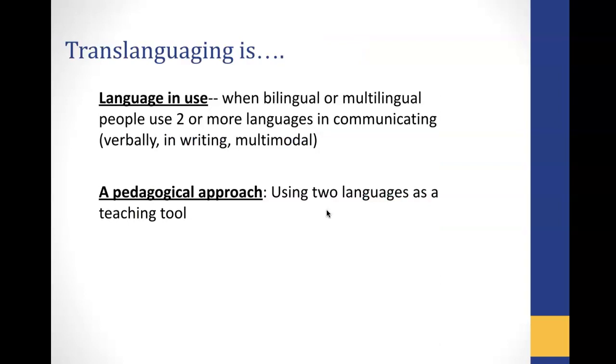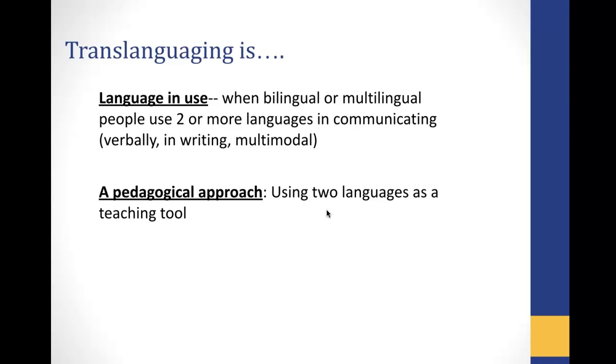In the first chapter, they discuss how we can think about translanguaging in terms of how we as people use language, and specifically how folks who are multilingual can use more than one language while they're communicating.